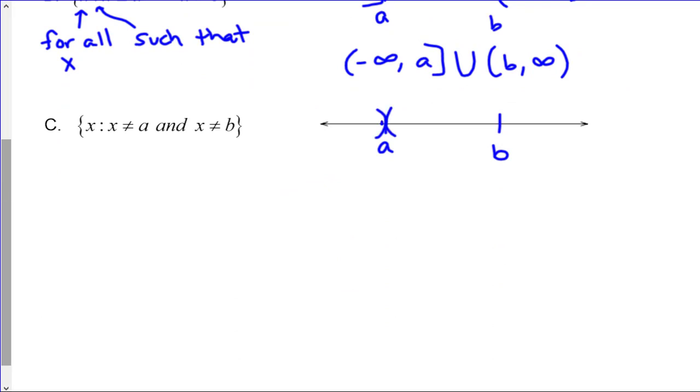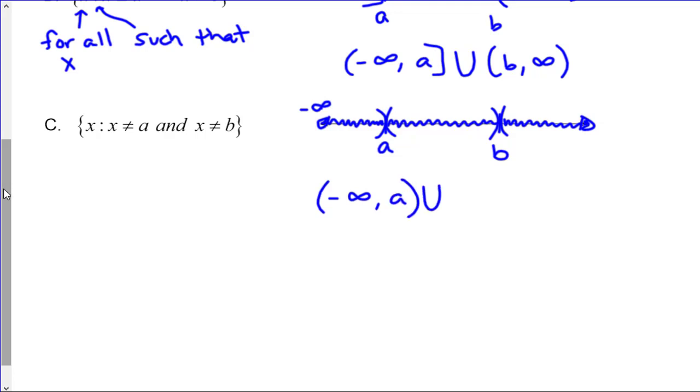To skip a, I'm looking for everything less than that, so from negative infinity to a. And then all the values between a and b, and then all the values greater than b. So I end up writing three sets here. In interval notation, this is negative infinity to a with a parenthesis, union, a to b with parentheses, union, b to positive infinity.